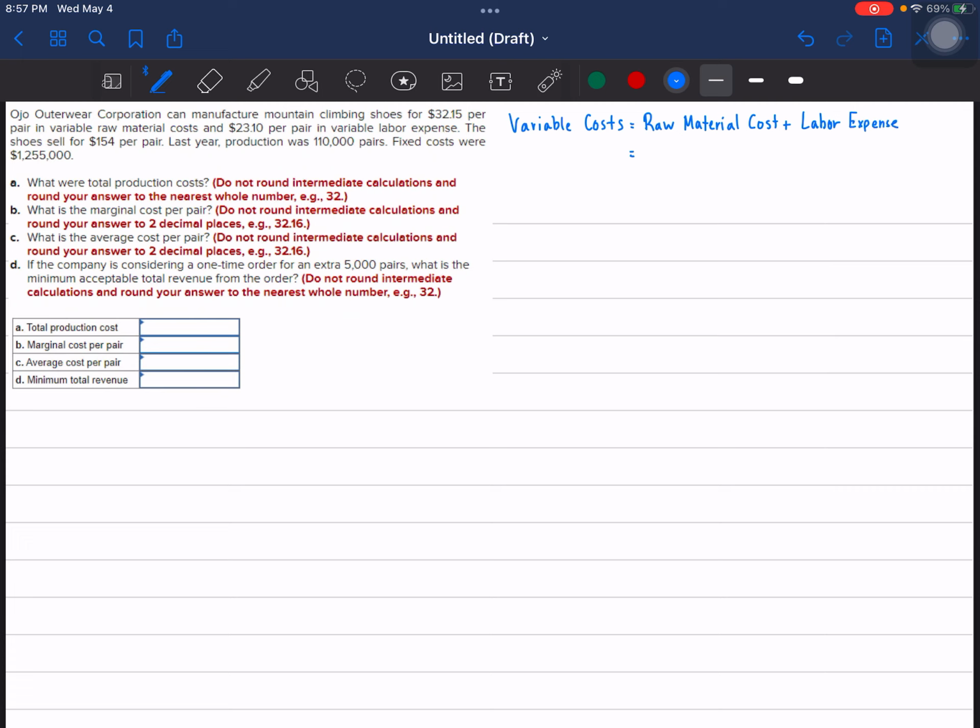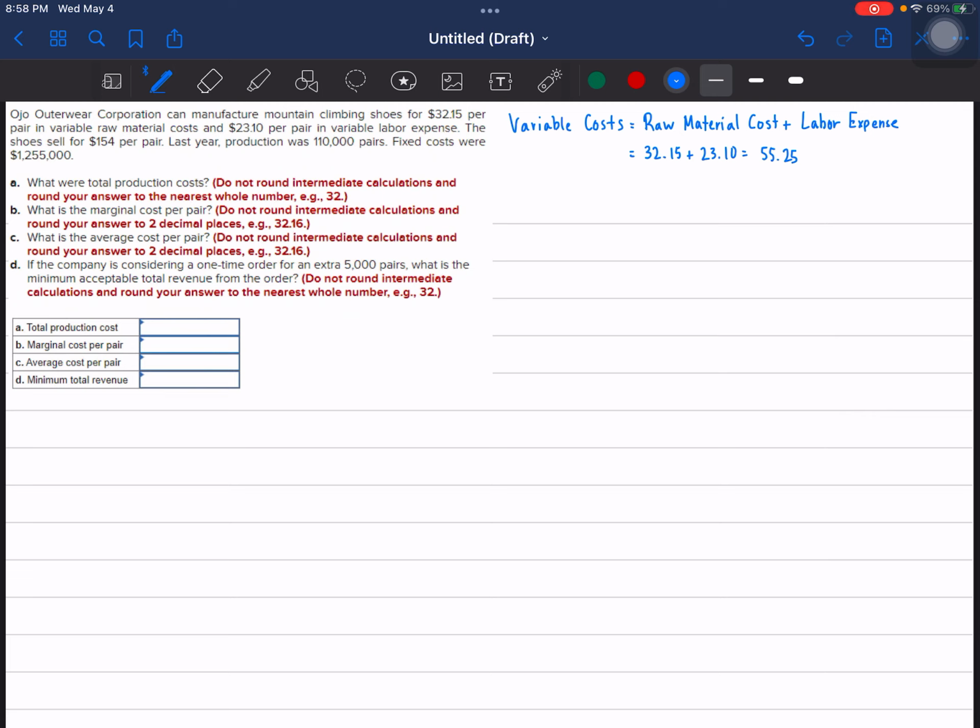So that's equal to 32.15 plus 23.10. So let's just plug that into our calculator. Plus 23.10. So our total variable cost is $55.25.